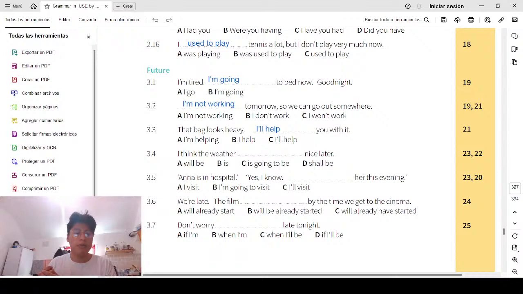But when you're talking about be going to, it's like an action which has already been scheduled in your plans. For example, if I make a plan with my friend to go to a concert, I don't know, any band, I can say I'm going to that concert on Saturday, right? Check it out.